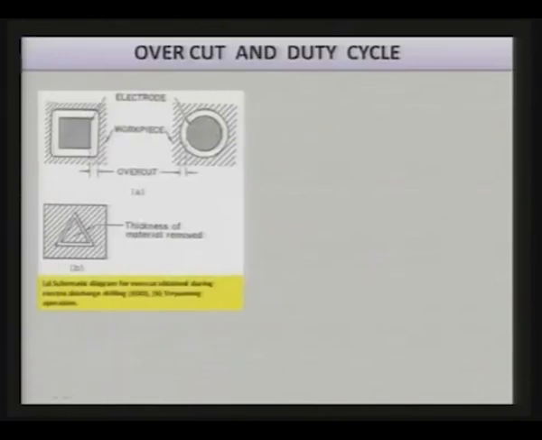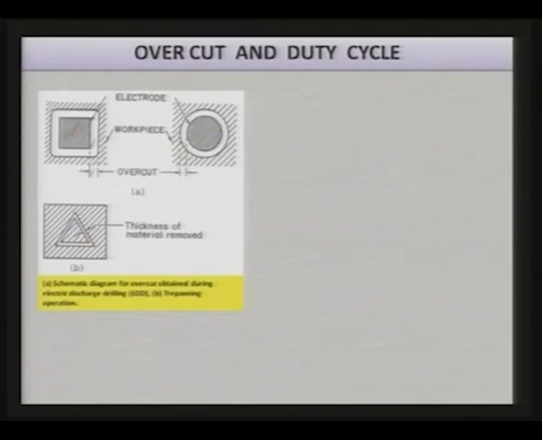We have also discussed in the earlier 2 lectures the overcut obtained during EDM process in general and drilling process in particular. If you see the diagram on the left side, this is the tool and this is the cavity which has been machined with its help, and overcut is clearly shown over here.